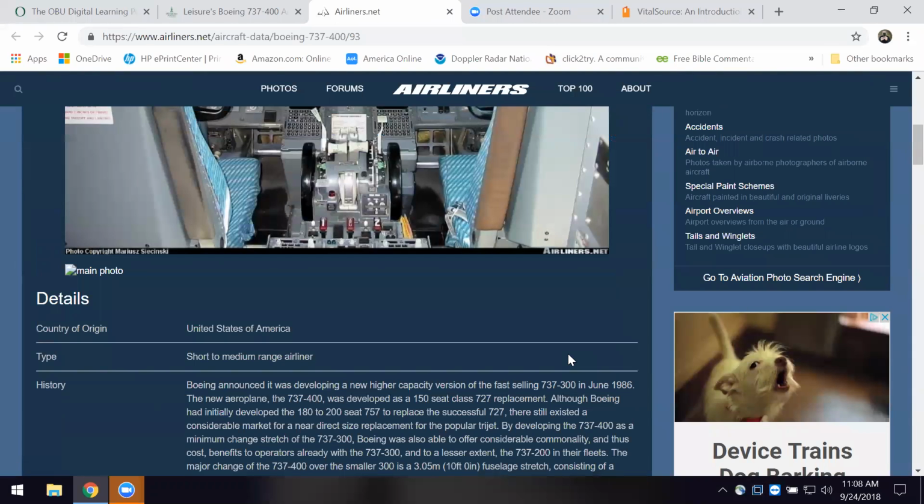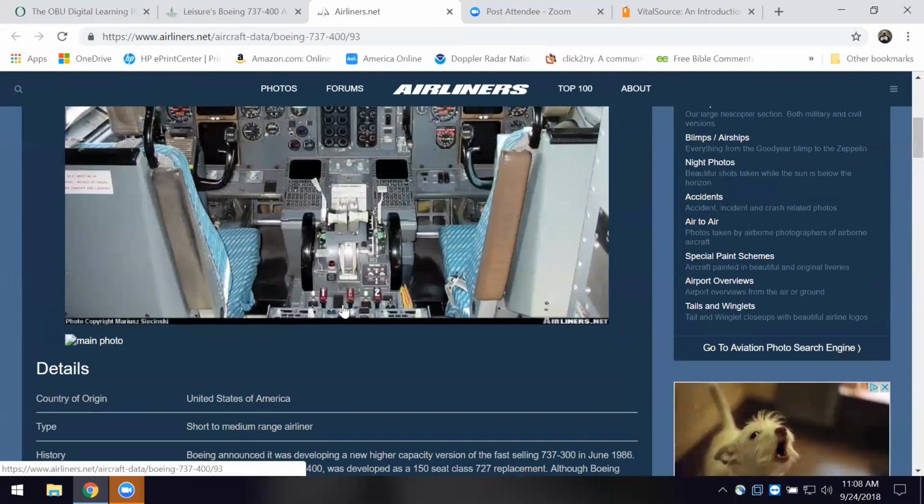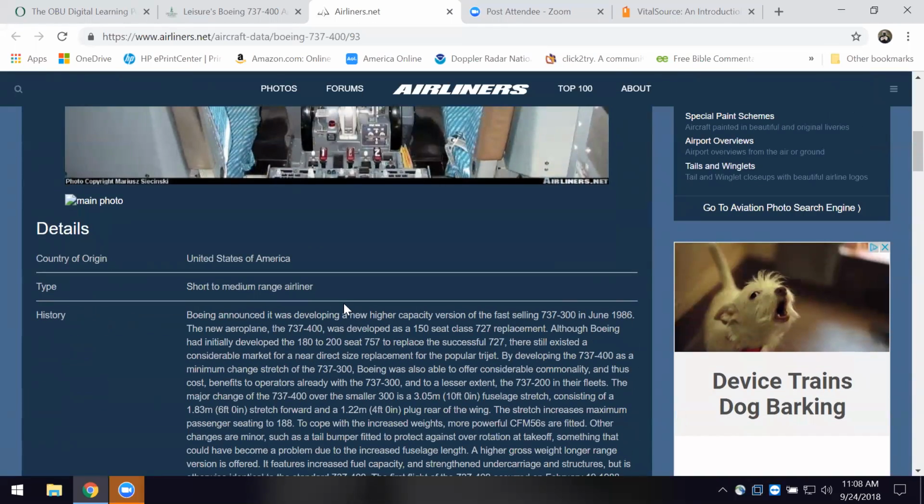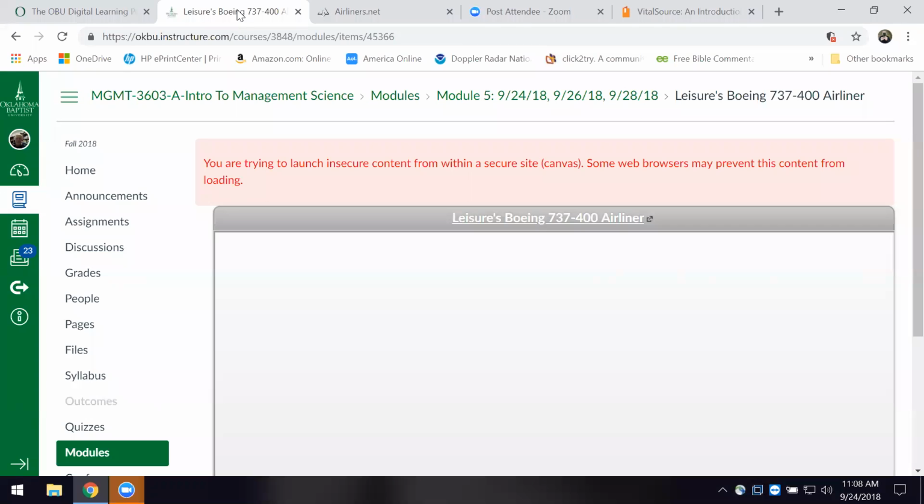That's a far cry from a big jumbo jet that's carrying 400 or 500 people. This plane is designed for short hops, so it can make altitude fast. It can make a quick descent. It can land in smaller airports. So it's designed to do that. So I had that resource there for you to take a look at.